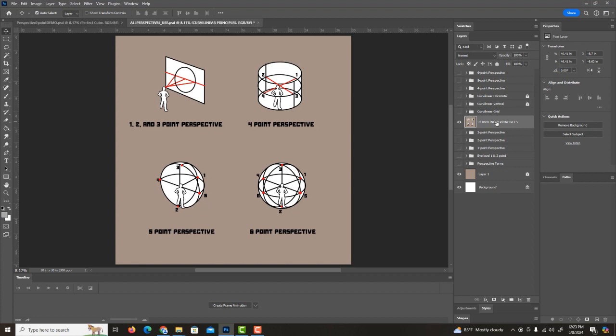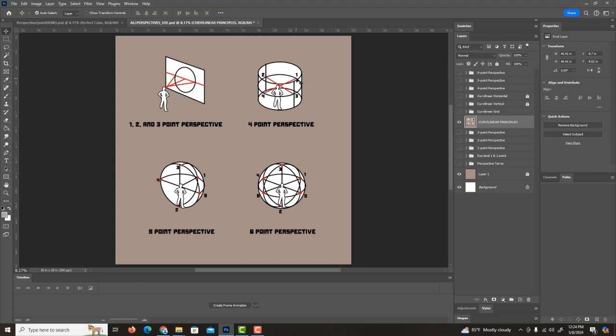So 4-point perspective is representing one of the axes as a curved space. 5-point perspective is representing both axes, your verticals and your horizontals, as curved space, and that creates a hemisphere. And 6-point perspective is the same idea as 5-point perspective, but you now have the back view, and together that creates a sphere. So that is the objective when you're drawing these curvilinear perspectives.